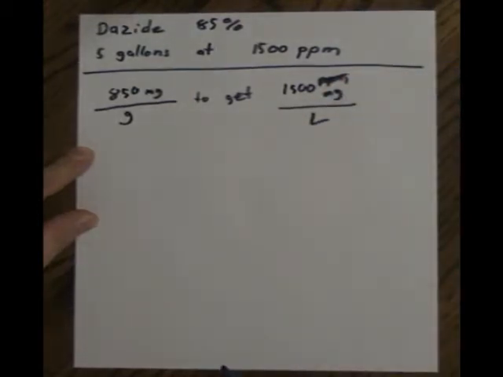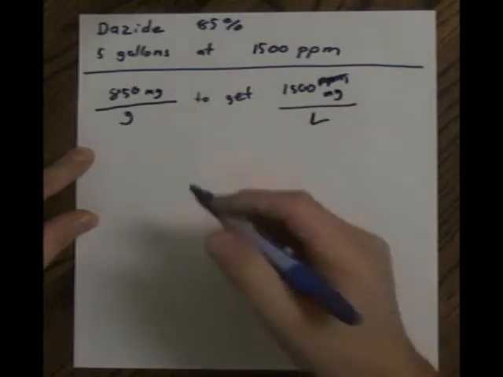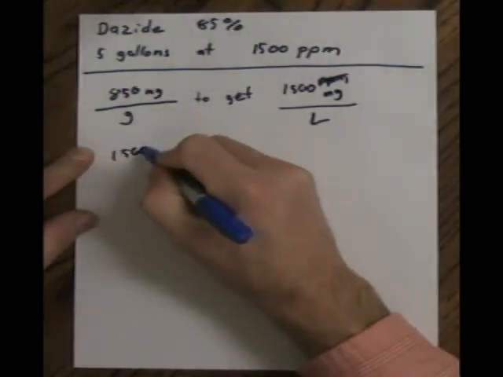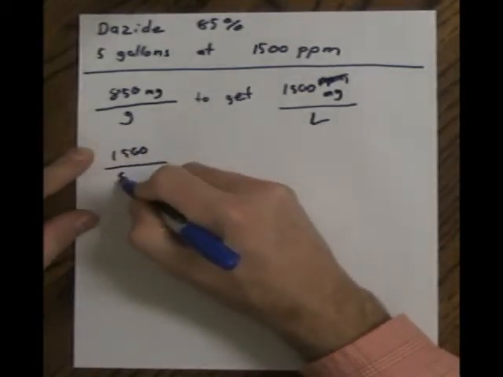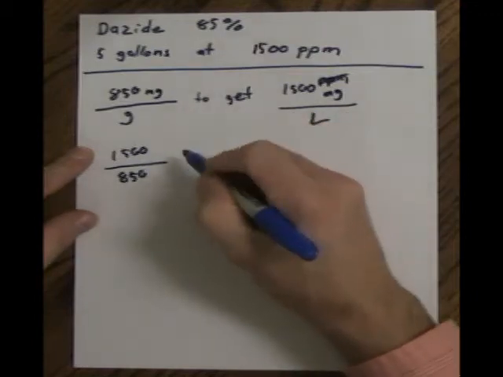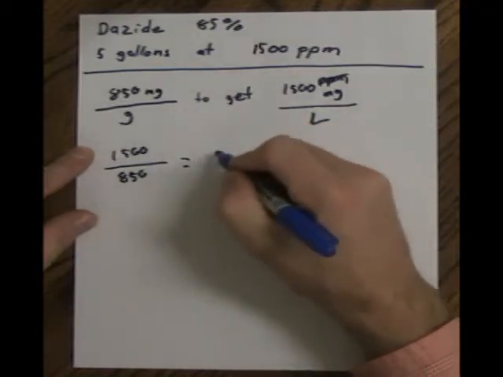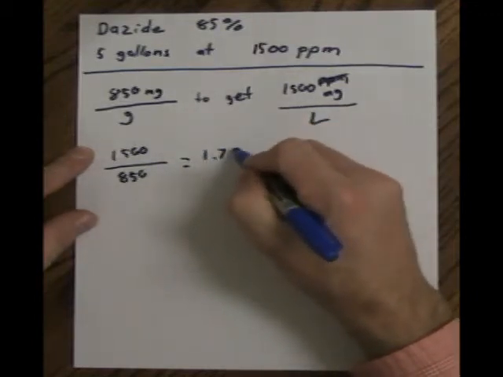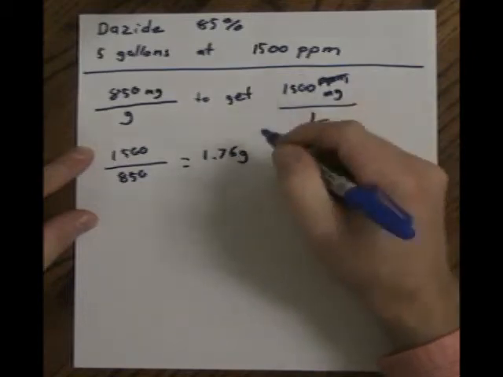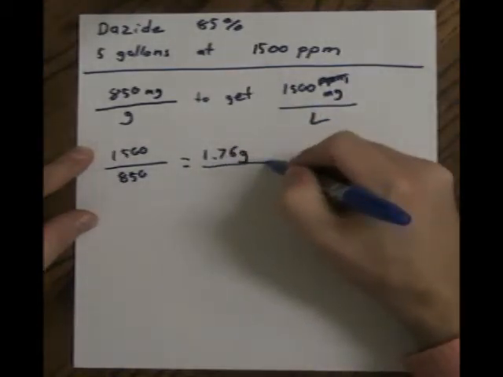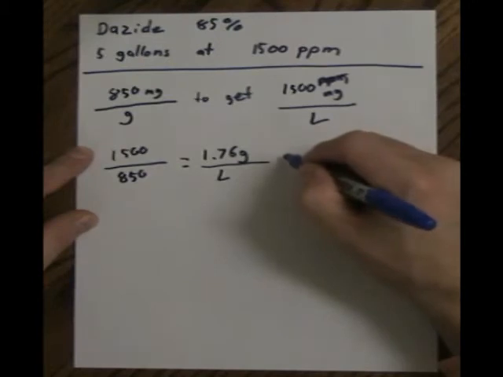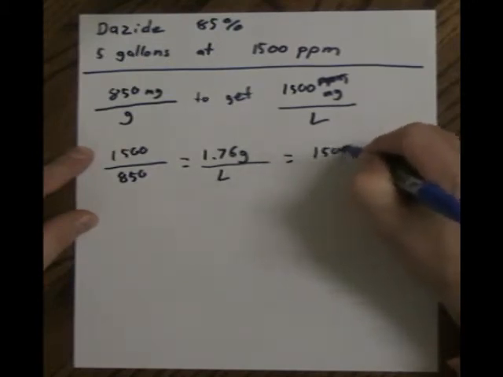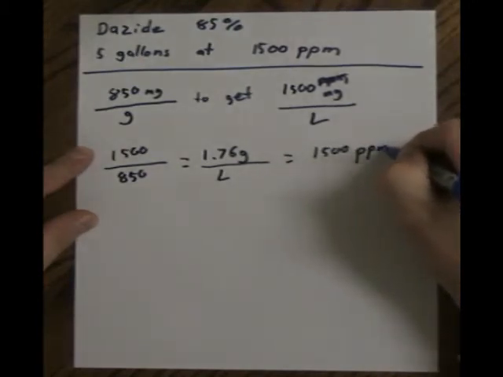So just like with our other solutions, we want to take 1500 and divide that by 850, and that will give us 1.76 grams of Dazide per liter, will give us 1500 parts per million.